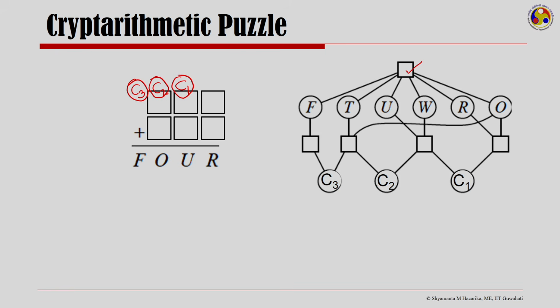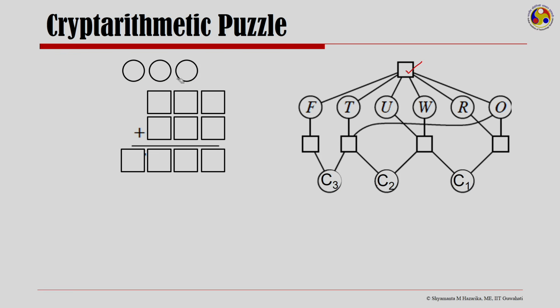So, when we want to solve them, this could be like 6 placeholders, and I could have 4 placeholders for the answer, and I could have these placeholders for the carries.